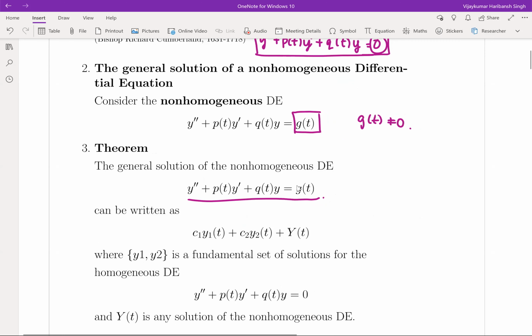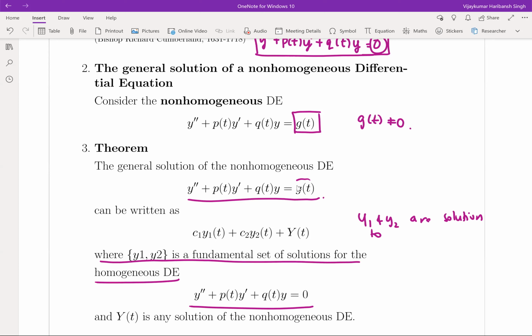So y1 and y2 are solutions to the corresponding homogeneous differential equation. You set g(t) equal to 0 and then solve this differential equation. You get two solutions, y1 and y2.